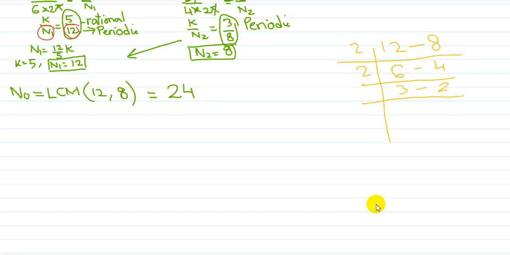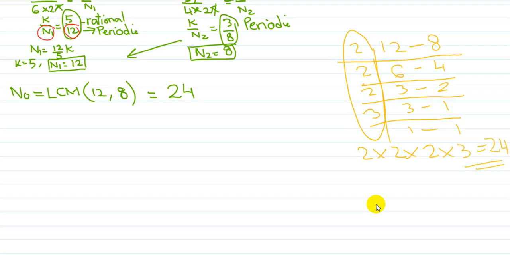Again dividing by 2, 3 stays and 2 becomes 1. Then I divide by 3, and this will be 1 and 1. Now we multiply all of them: 2 multiplied by 2 is 4, multiplied by 2 is 8, 8 multiplied by 3 is 24. This is how I find the LCM.